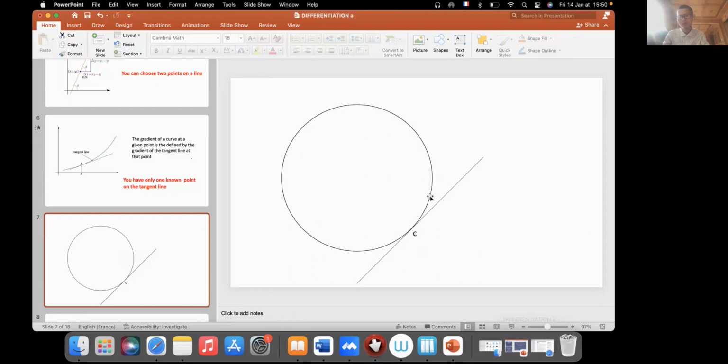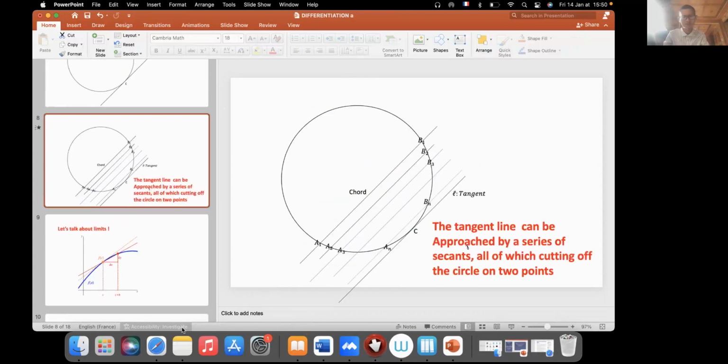Now he wanted to calculate the gradient of the tangent line, right? Now Newton conducted his famous circle experiment. He drew a string of lines parallel to the tangent, all of these lines cutting the circle at two points.